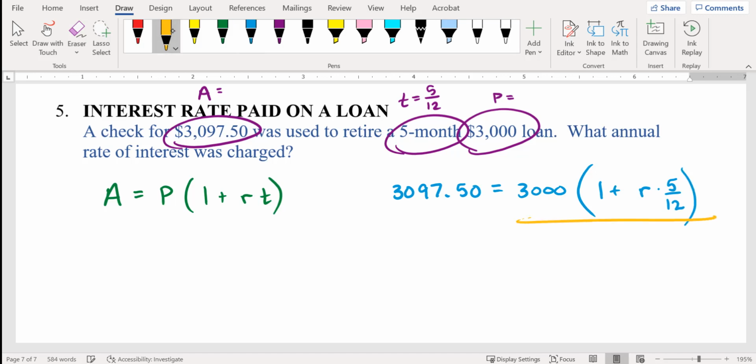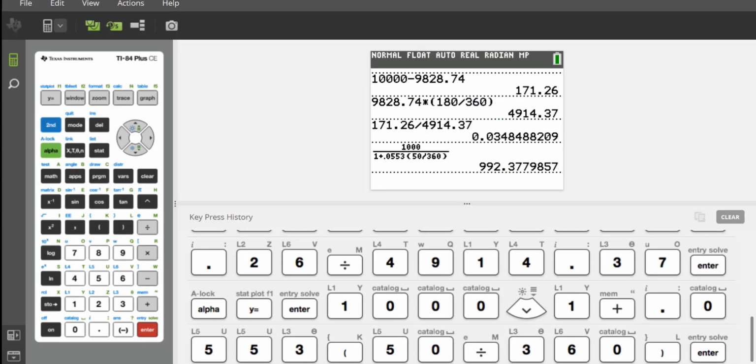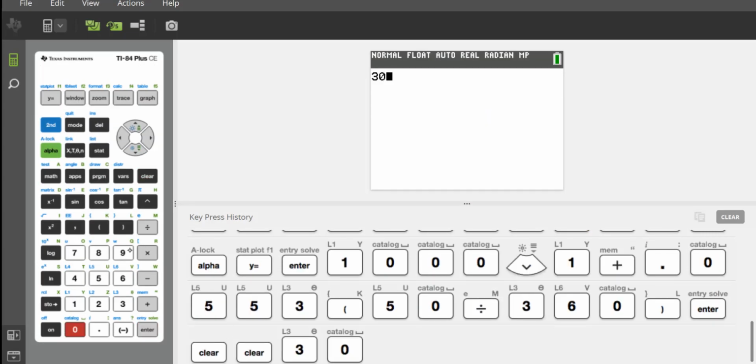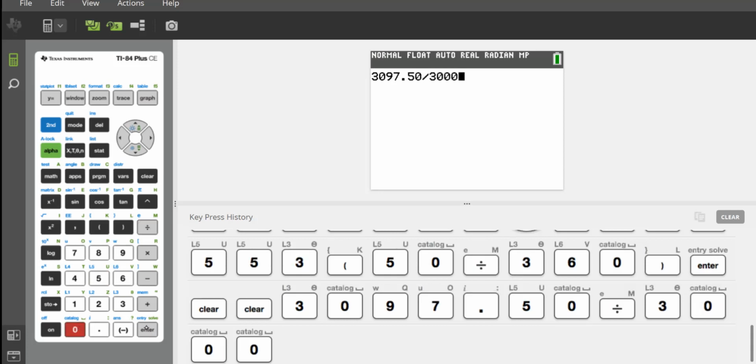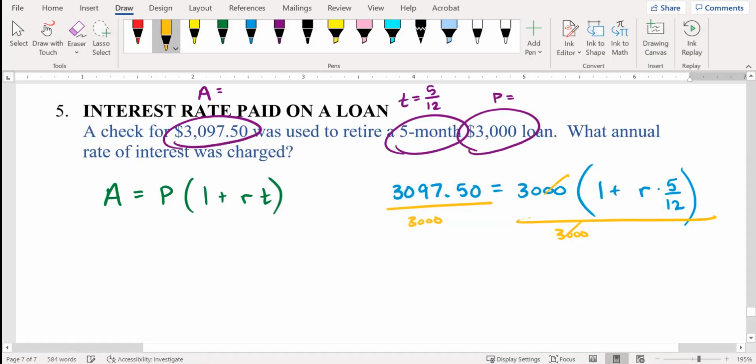Dividing both sides by 3,000 first. So here we go, 3097.5 divided by 3,000 is 1.0325.